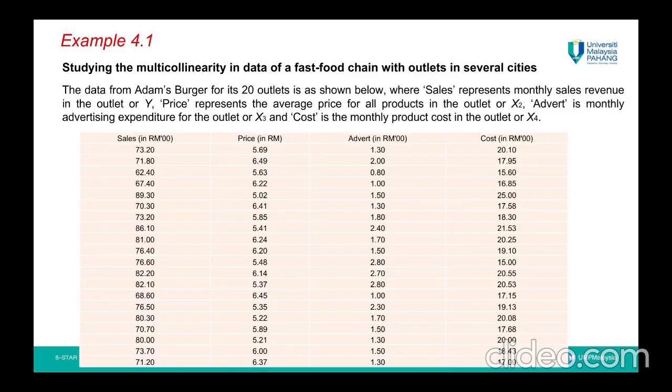Now, let's look at example 4.1. In this example, we want to study whether the multicollinearity exists in the regression model of the data of Adams burger as presented in this table. For this data, sales here is Y, price that is X2, advertising that is X3, and cost here will be X4.